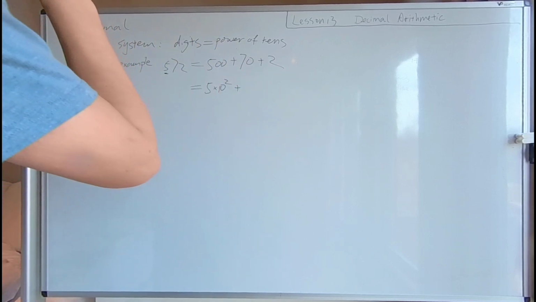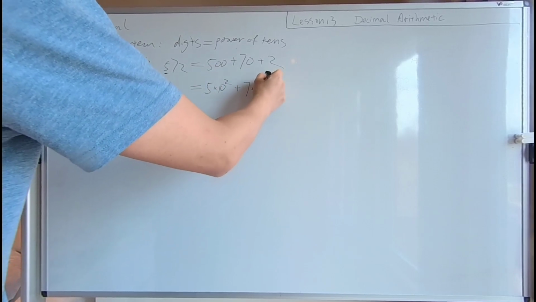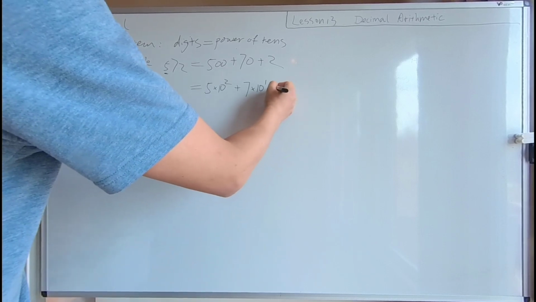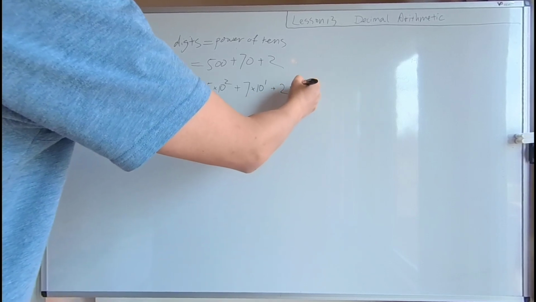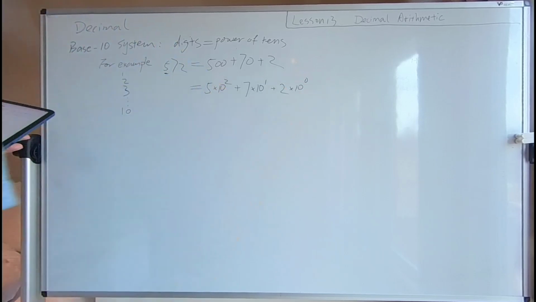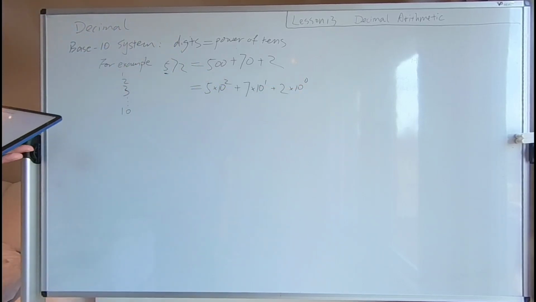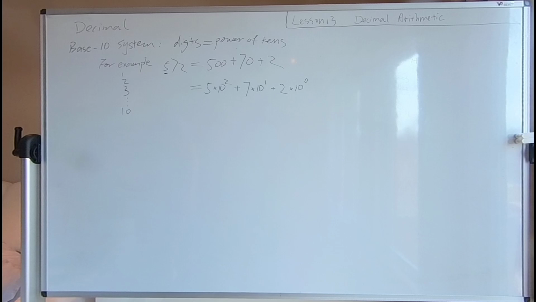And then the 10s digit is a single number 7 multiplied by 10 to the power of 1. And then the last digit, the 1st digit, can also be written as a power of 10, but in this case, the power is 0. Recall what we learned from exponents, that power of 0 is equal to 1.